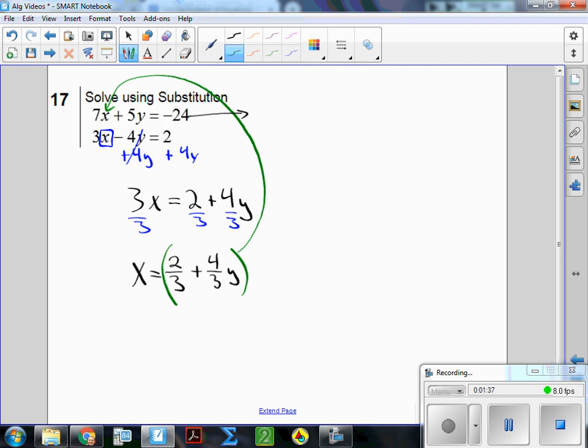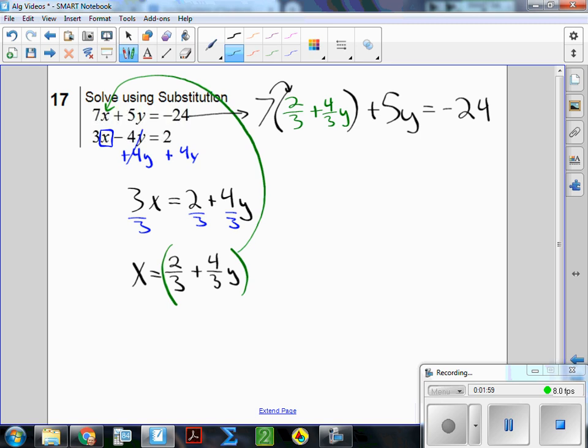So this equation is now going to be 7 times this new x plus 5y equals negative 24. This new x was 2/3 plus 4/3 y. When you multiply a fraction times an integer, you're just multiplying the top number: 7 times 2, 7 times 4.